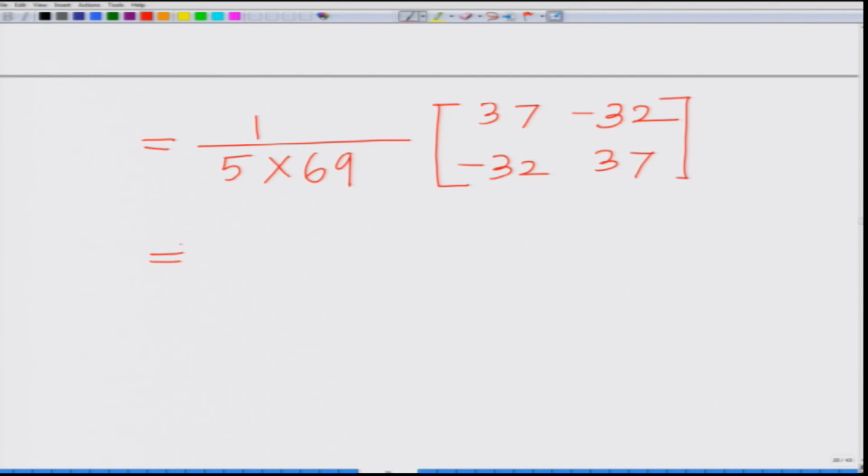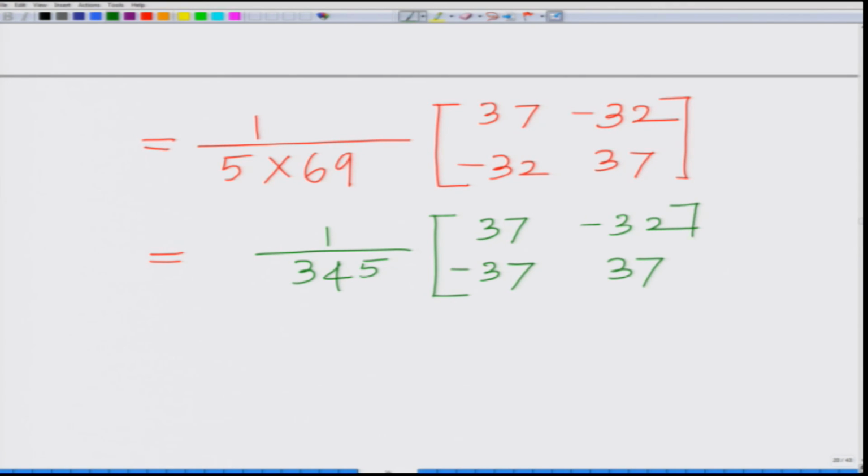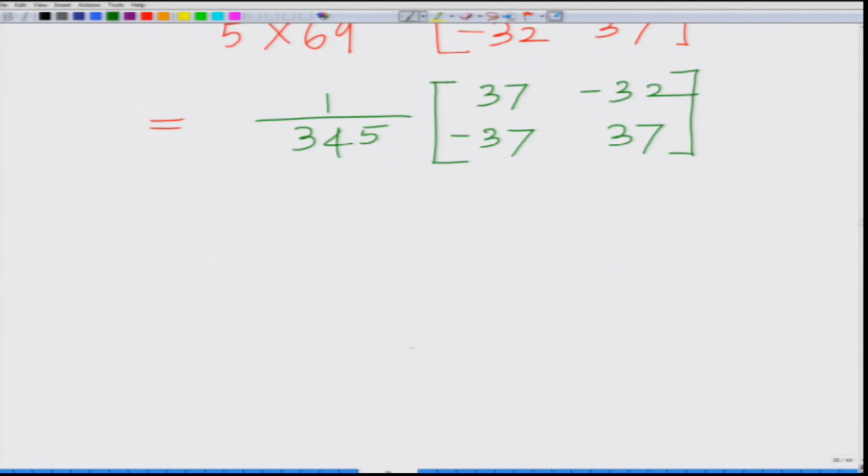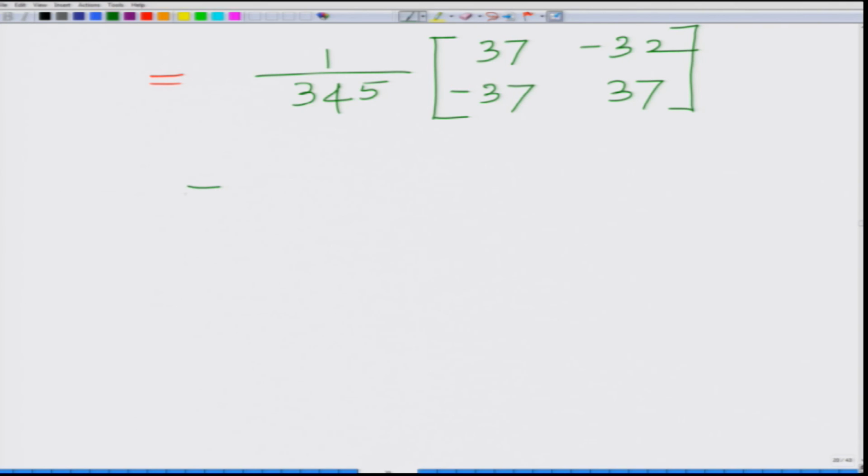Simplifying, this will be 1 over 345 times 37 minus 32 minus 32 37.